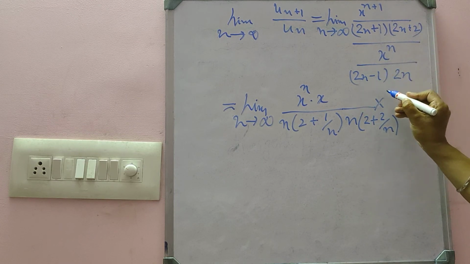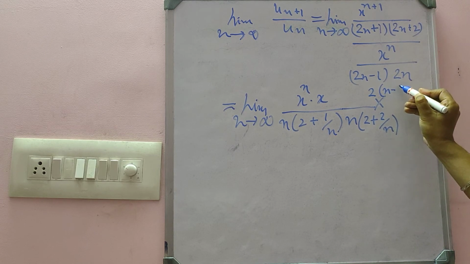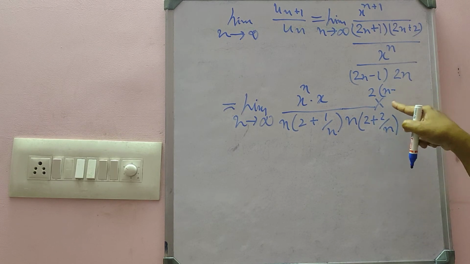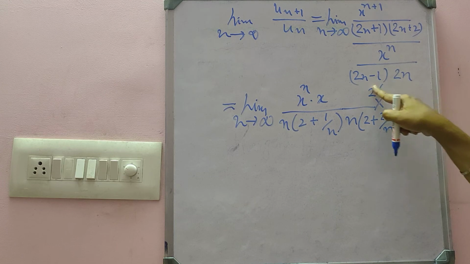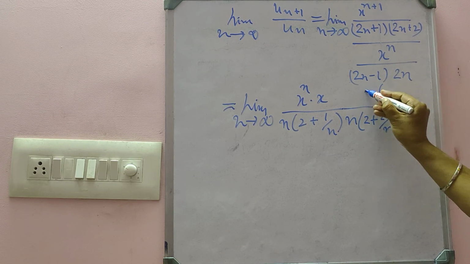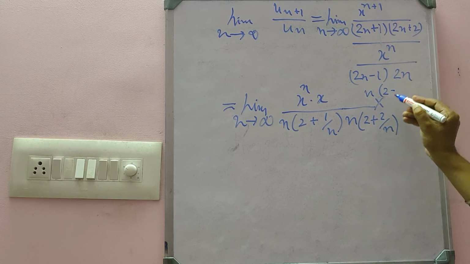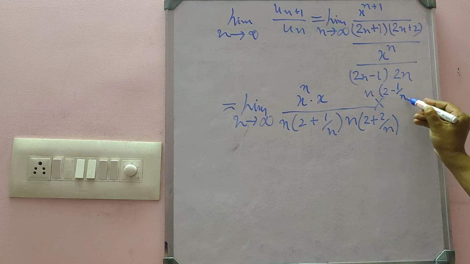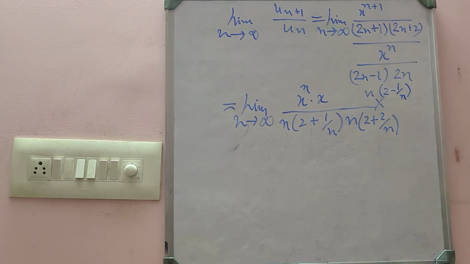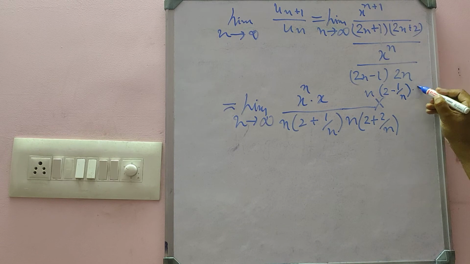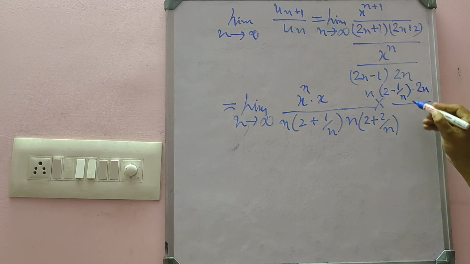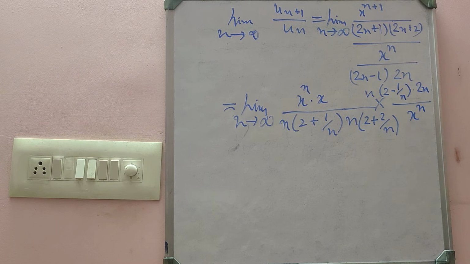So here already 2n minus 1, take 2 out, it becomes n times 2 minus 1 by n, into 2n, divided by this x power n. Now see, n cancelled out.